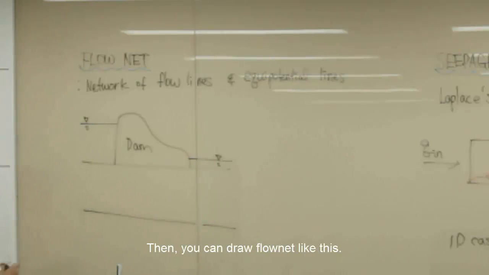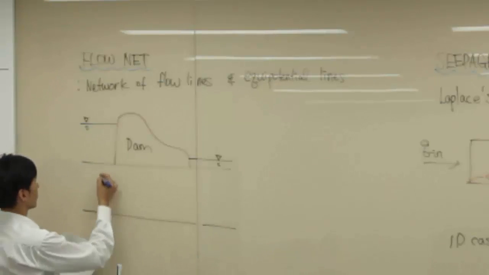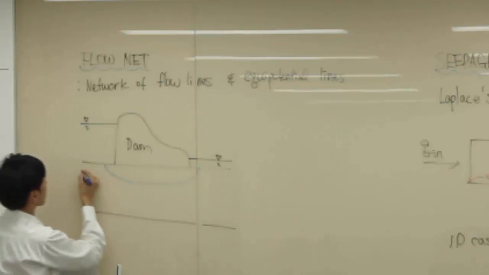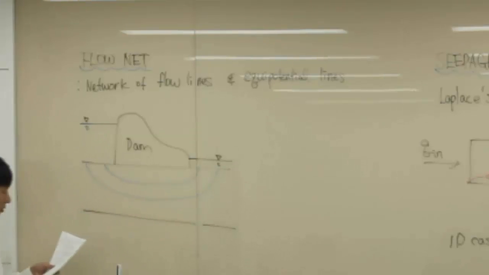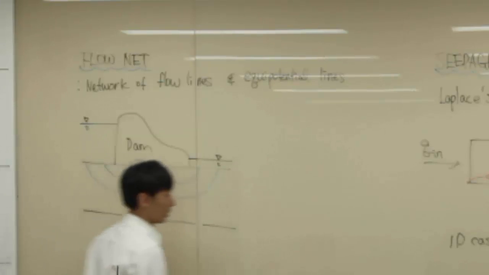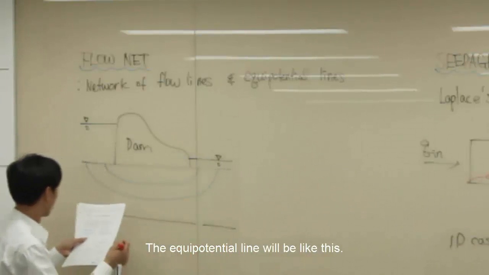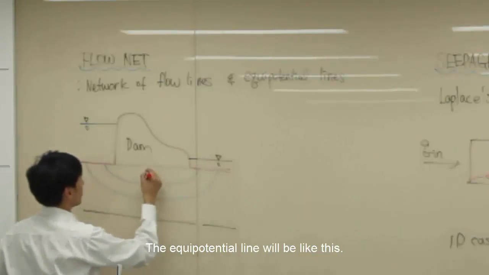Then we can draw the flow net like this. And the equipotential lines will be like this one and this one.